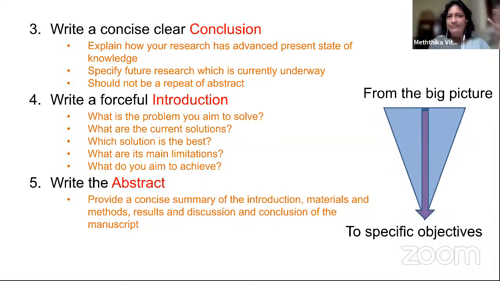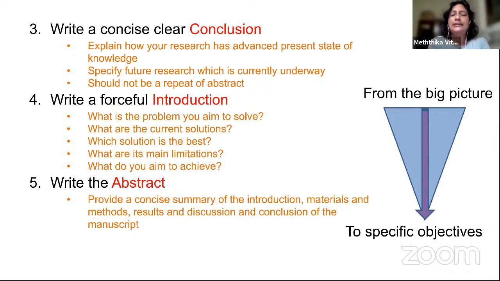What are the best things that I have seen in the literature? I'm showing, oh, this person has done this kind of research and they have found this result. However, the other research group has found something different. So this kind of comparison I'm doing when I'm discussing the current solutions.